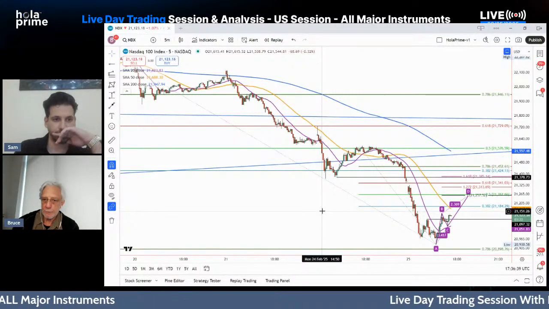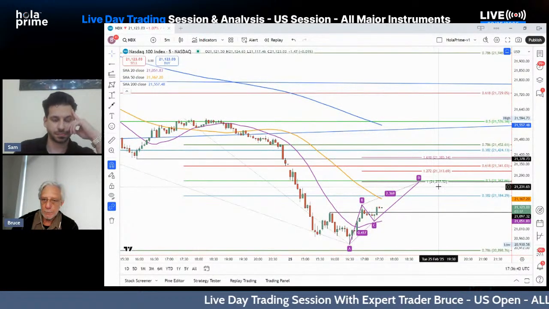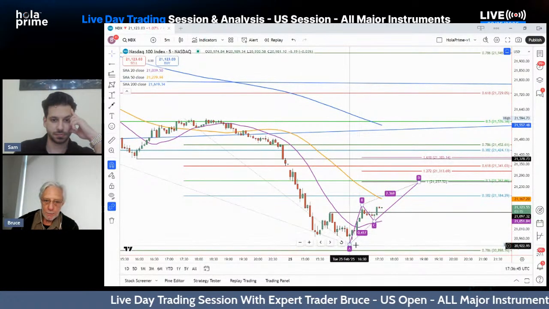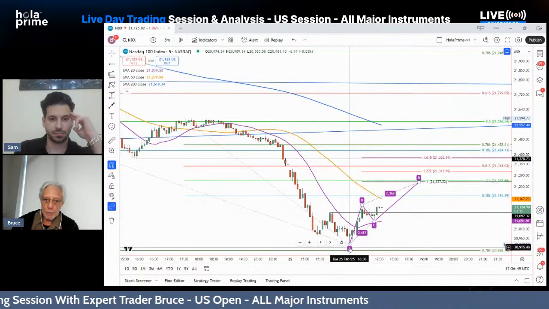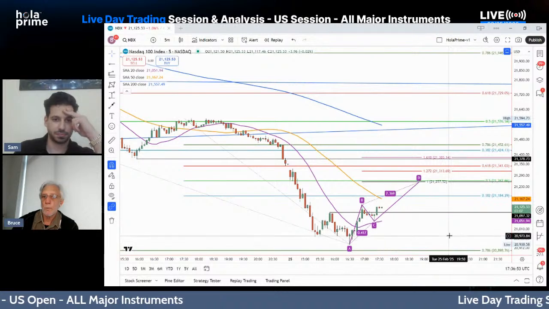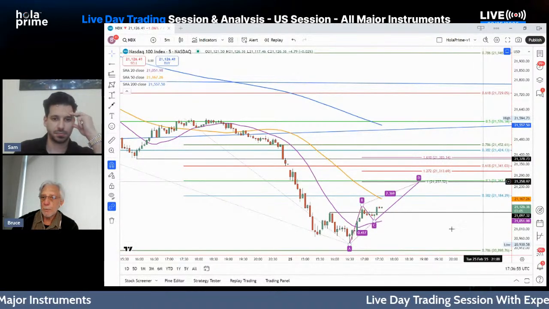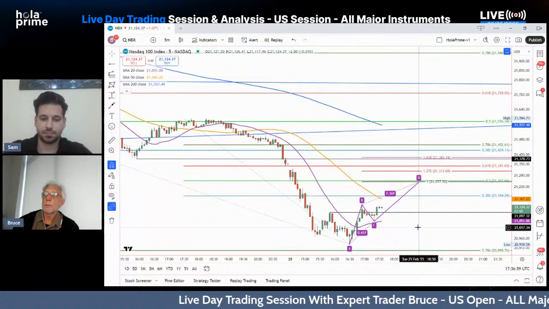In this case, resistance. And so at this price, 21,257, this C to D leg matches the price appreciation of the A to B leg. Since it's matching with the 50% level, I'm going to give it some attention.